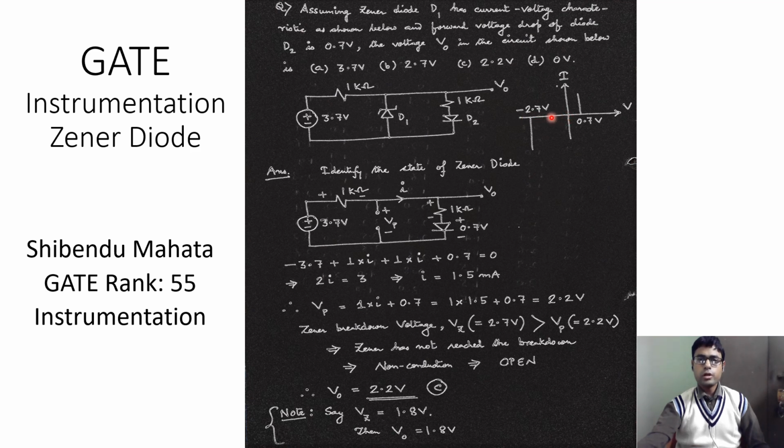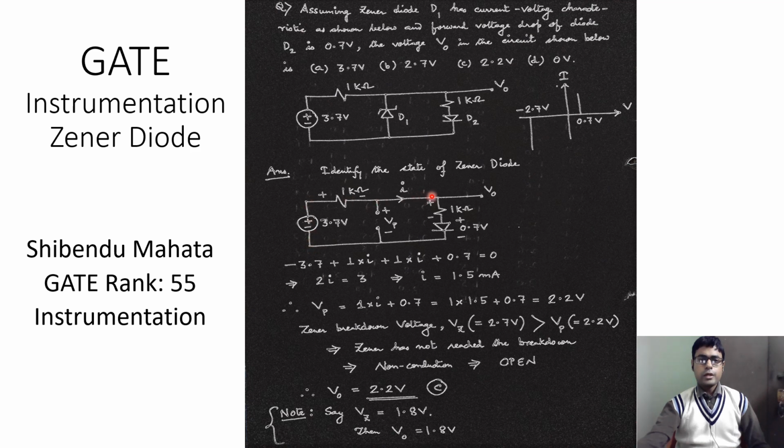This is the non-conduction state, whereas this is the conduction state in the reverse bias region. The way to identify this state is as follows. You open up this Zener diode from the circuit and find out the voltage drop across the opened terminals. Let's call that voltage Vp, and then we compare Vp with the reverse breakdown voltage of the Zener diode.